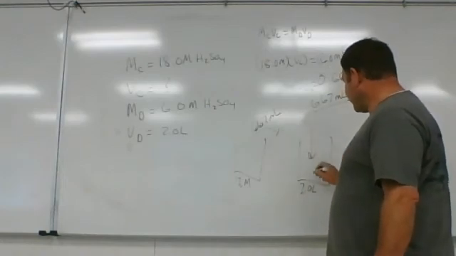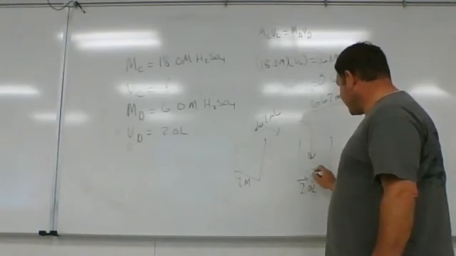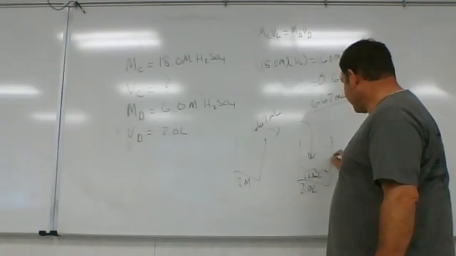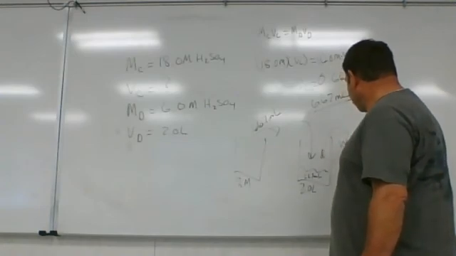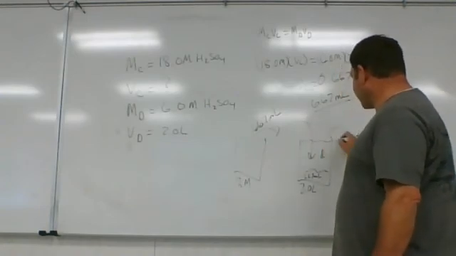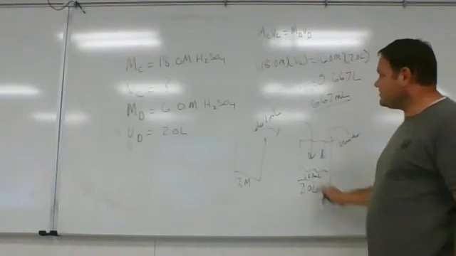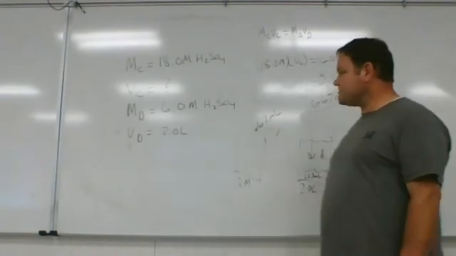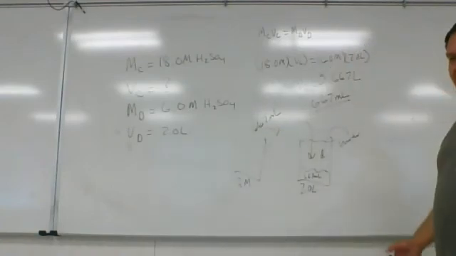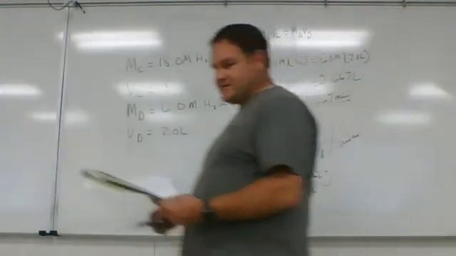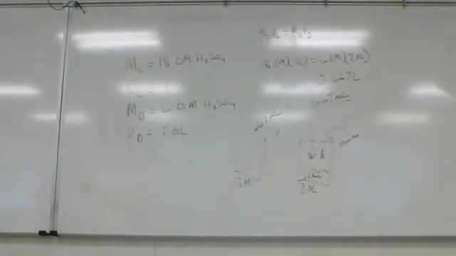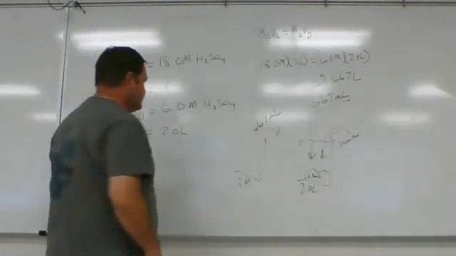Pour it in there, right? And that puts 667 milliliters in there. And then add water all the way up to the mark. And then you've got your final solution of 6 molar that you're trying to make. Okay? So I know I'm going through it pretty fast, but go back and review the video if you need to. Okay?